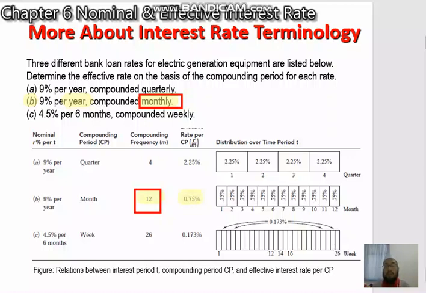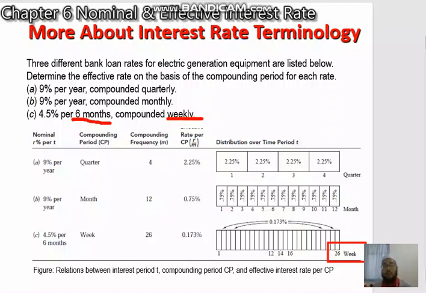Okay, and look at the last statement, 4.5% every 6 months, again compounded less than 6 months, compounded weekly. We can see here that in a year we have 52 weeks, so in 6 months we have 26 weeks.